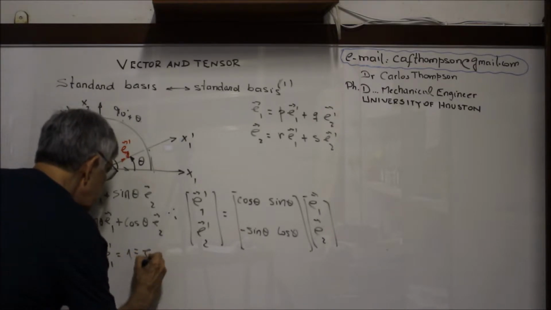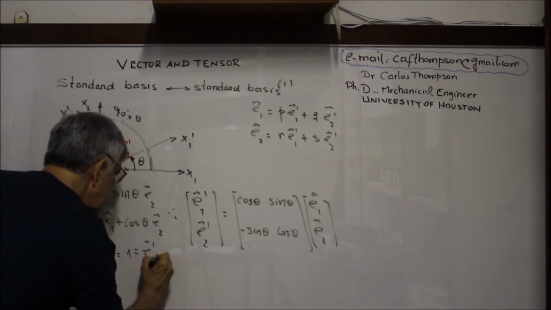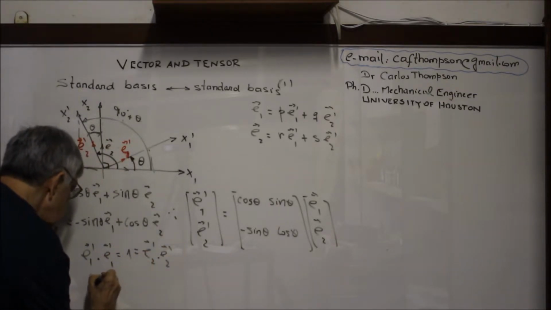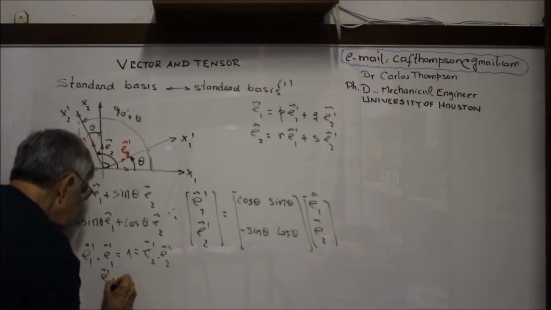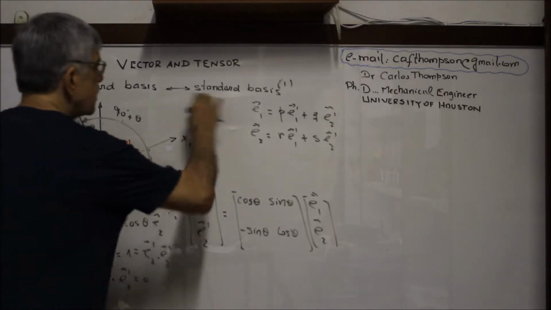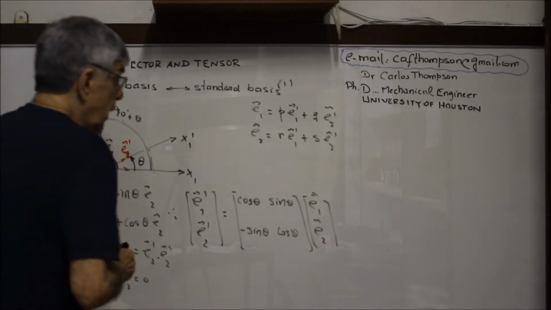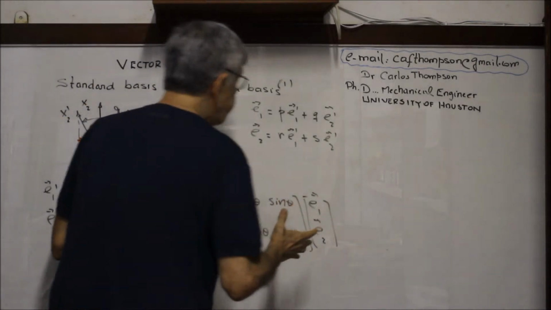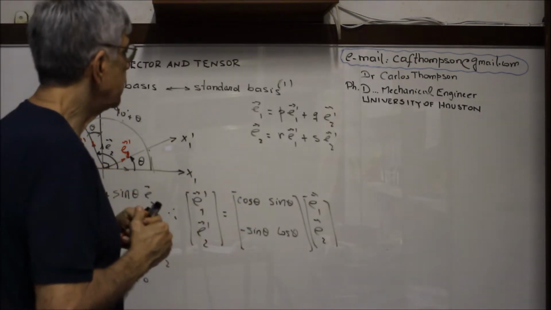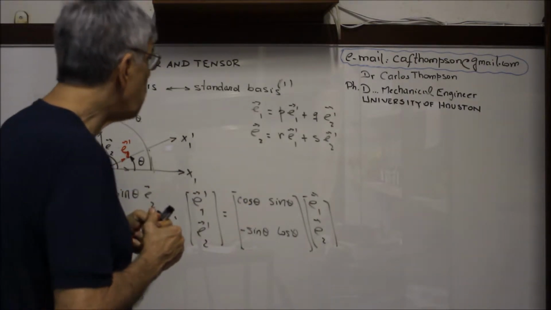E2 prime dot E2 prime will be 1. E1 prime dot E2 prime will be 0, because it's a standard basis. Now I will follow the steps that I did before.